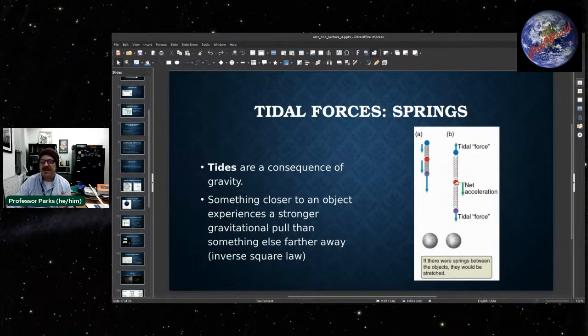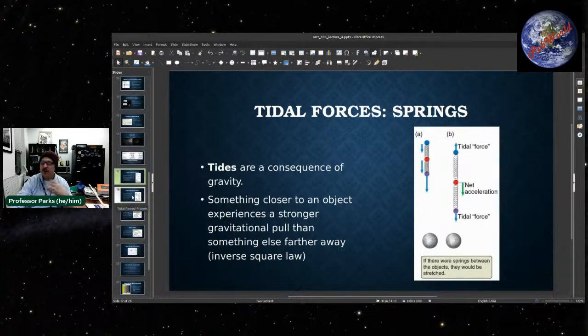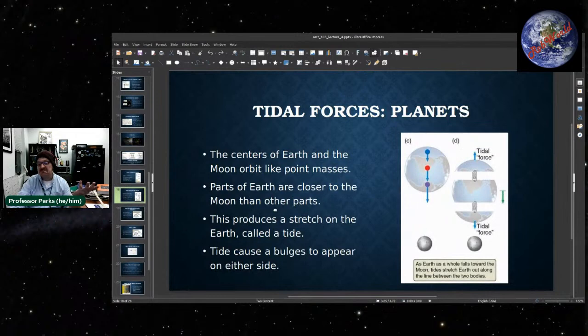What does that translate to in terms of tidal forces on planets or moons? Simple. You can think of a planet or moon as being composed of sections, very much like those three spheres. And so this diagram can be flipped either way.